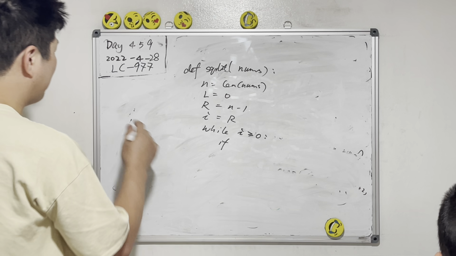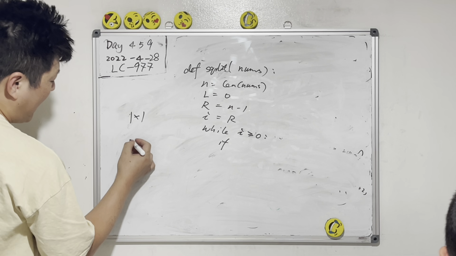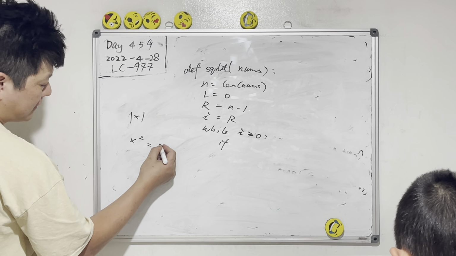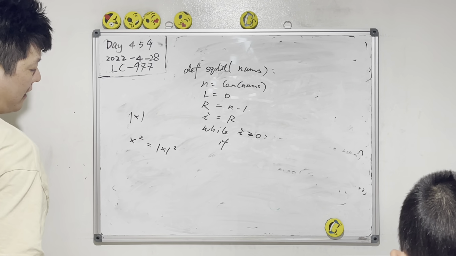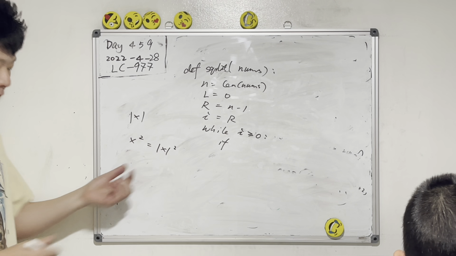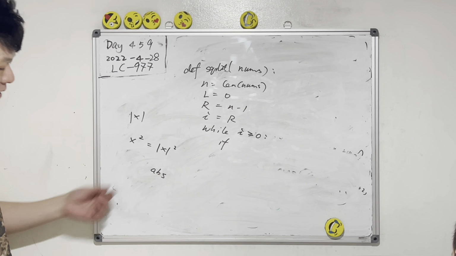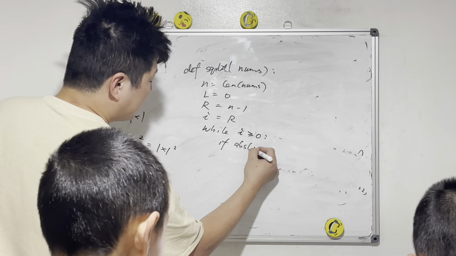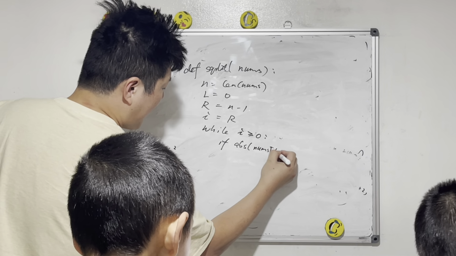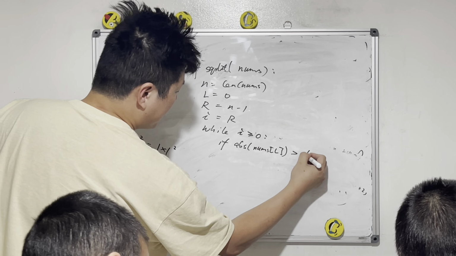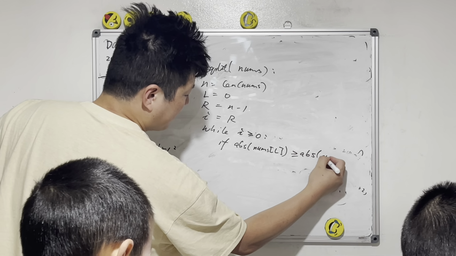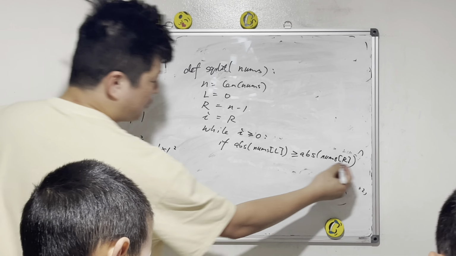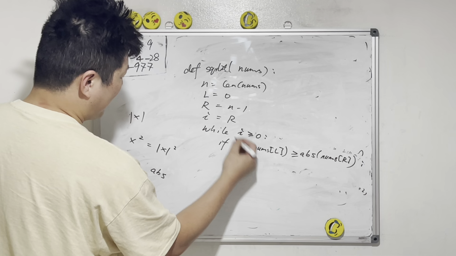We can use the absolute value. x squared, x to the power 2, equals the absolute value to the power of 2, which is the distance. So if abs(nums[L]) is bigger or equal to abs(nums[R]), we take the left one, because the square will be bigger.